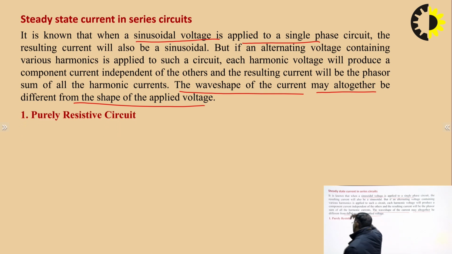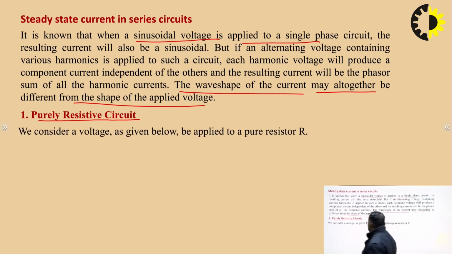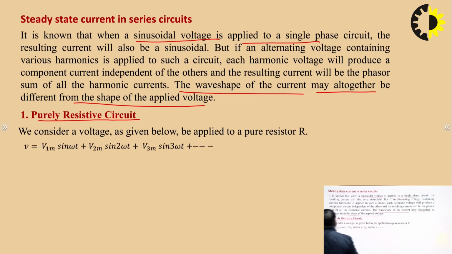Now, let us carry out the analysis one by one. When the circuit is purely resistive, it is independent of the frequency, it does not depend on the frequency. So, when this voltage is applied, this is your first component, second, third; n is equal to 1, n is equal to 2, n is equal to 3.